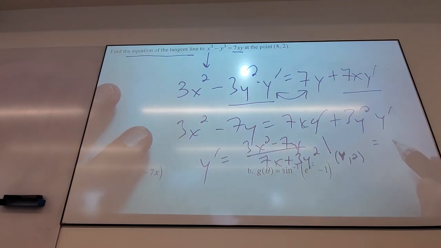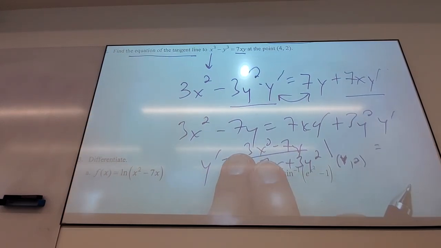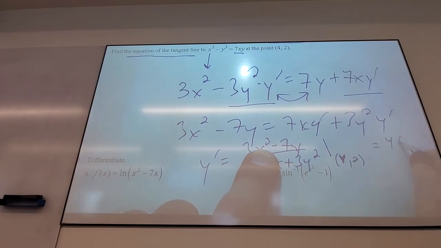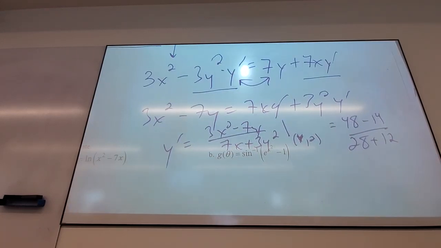Okay. So let's see if we can power through this. X is 4, yes? 16 times 3 is 48. Y is 2. Minus 7y would be minus 14. X is 4, y is 2. Is that okay?